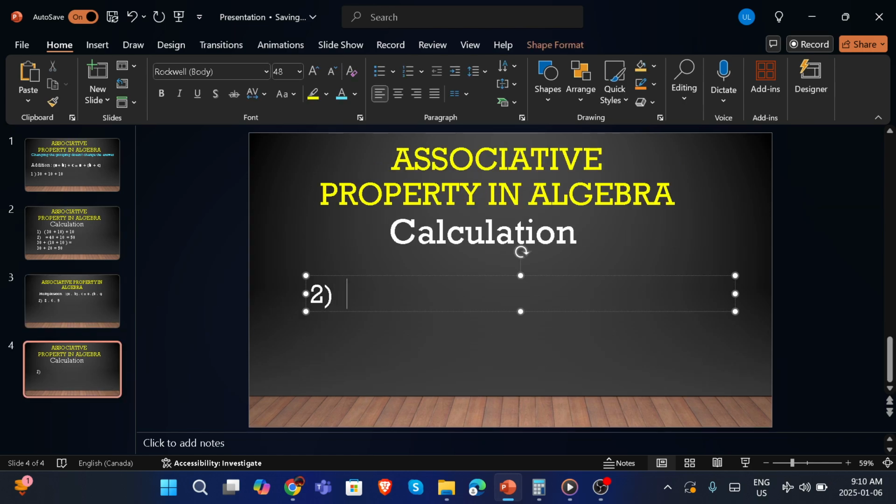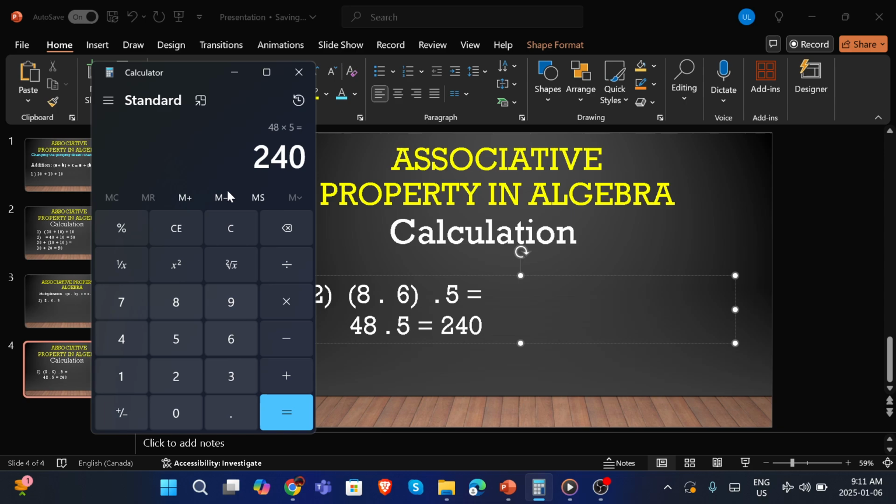First of all, we're going to write 8 times 6, both grouped together, and then times 5. Boom. Now this is basically equal to 48 times 5. So 48 times 5 is equal to 240.